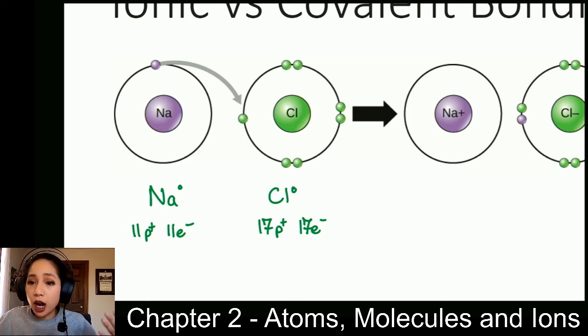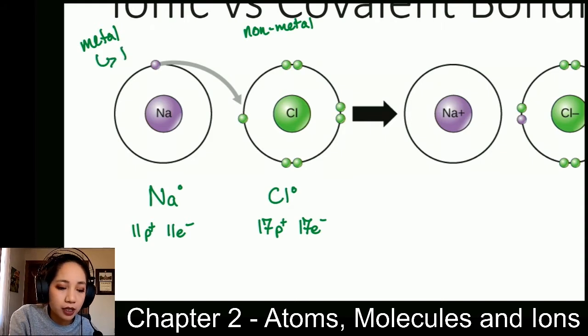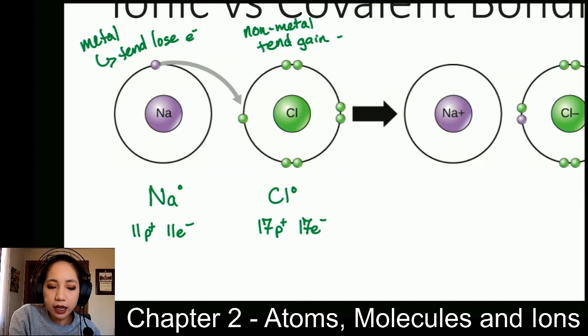But we talk about ionic compounds and forming ionic bonds through the transfer of electrons. Sodium is a metal because of where it is on the periodic table. Chlorine is a nonmetal. And remember our chemical properties of metals and nonmetals: metals tend to lose electrons, while nonmetals tend to gain electrons.